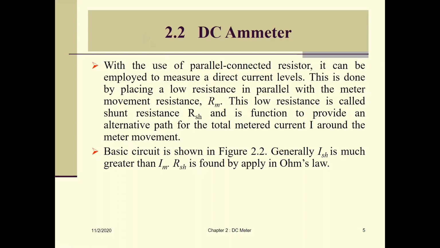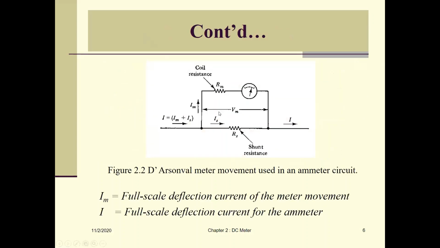For example, you can see this one. This is the ammeter. The Rm will be in parallel with the shunt resistor. To calculate the current here, it will be the same as the current here.